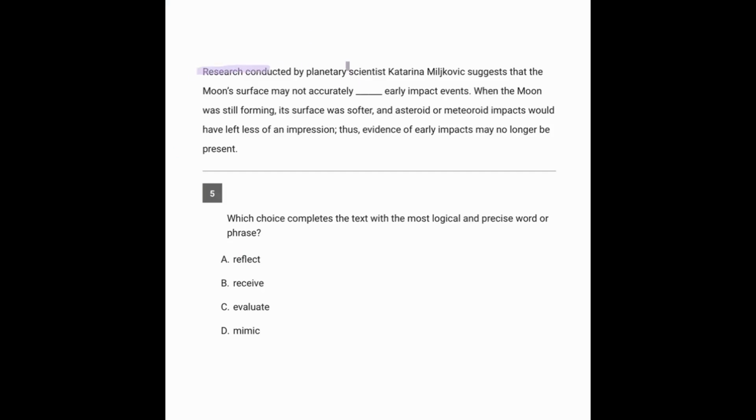Research conducted by this scientist suggests that the moon's surface may not accurately blank early impact events. When the moon was still forming, its surface was softer, and asteroid or meteoroid impacts would have left less of an impression. Thus, evidence of early impacts may no longer be present.